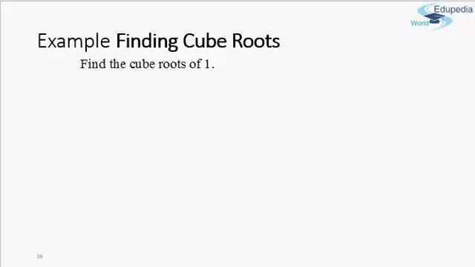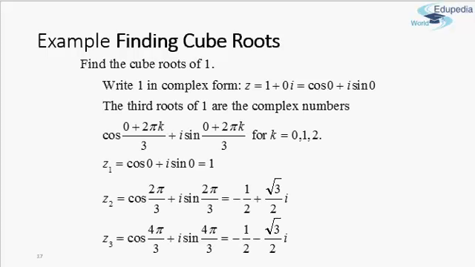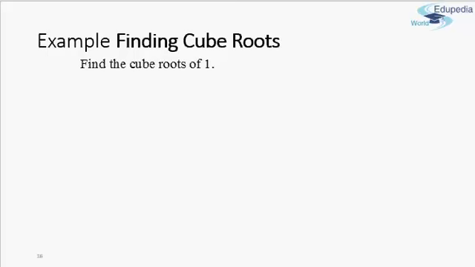Now the question in front of you is: find the cube roots of 1. Don't get confused by this. This is a really simple question. We learned that a real number is also a complex number. The only difference between this complex number and any other is that it does not have an imaginary part. The imaginary part of this complex number is basically 0.